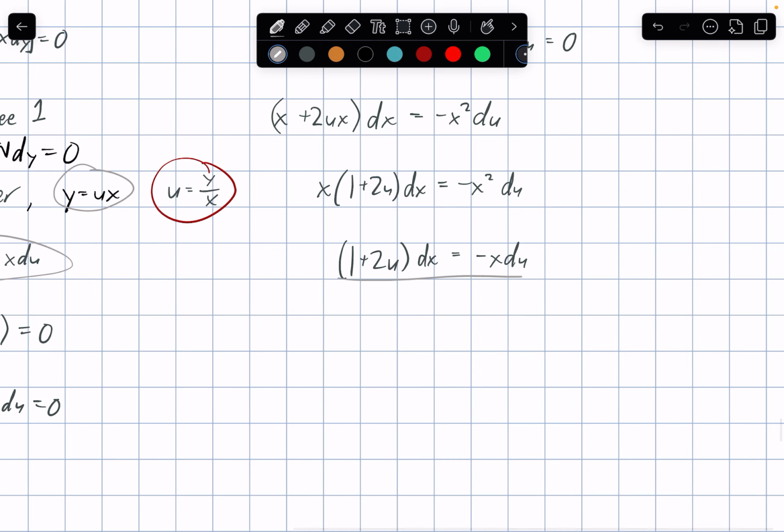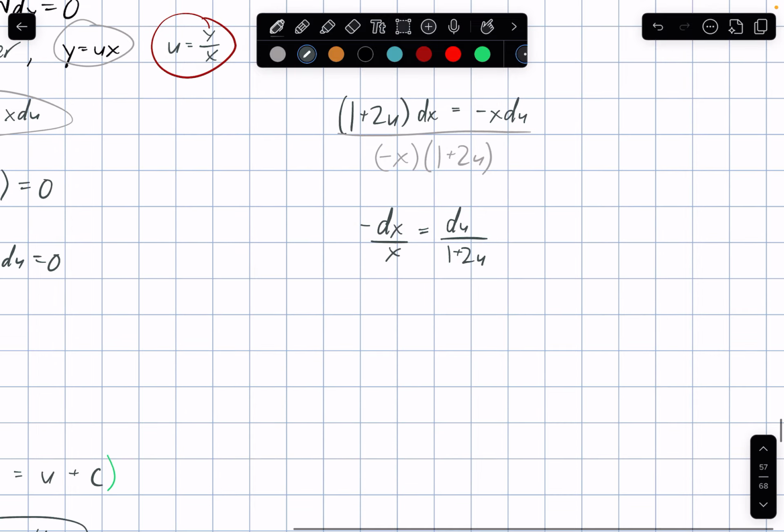Okay, I think this is variable separable, no? Divide both sides by m and n. So negative dx over x equal to du over 1 plus 2u. And then, okay, we're good already. Now we integrate.